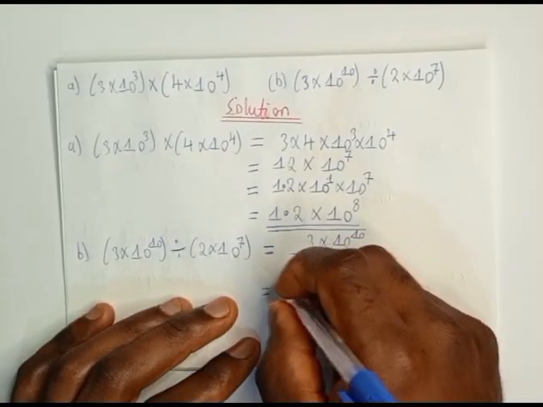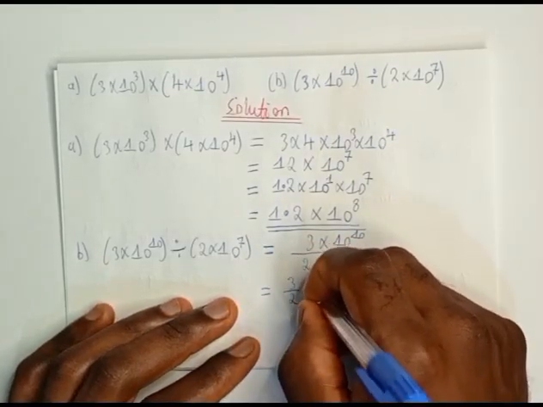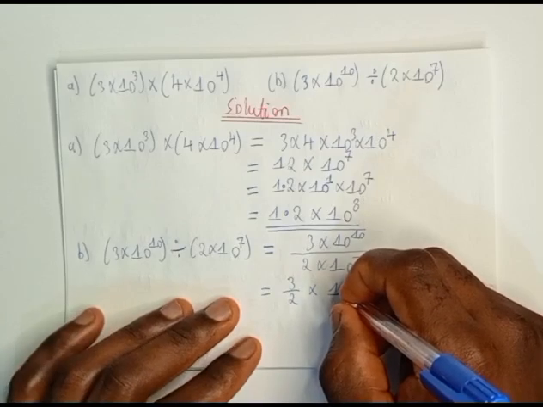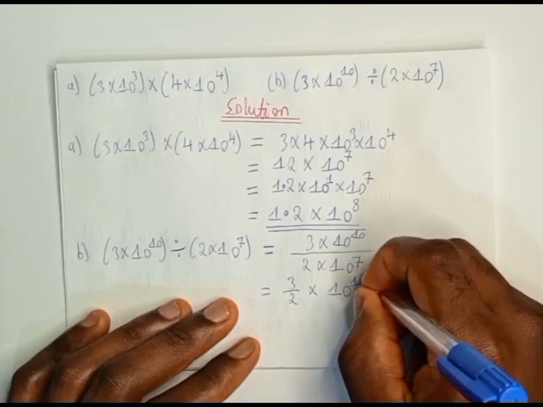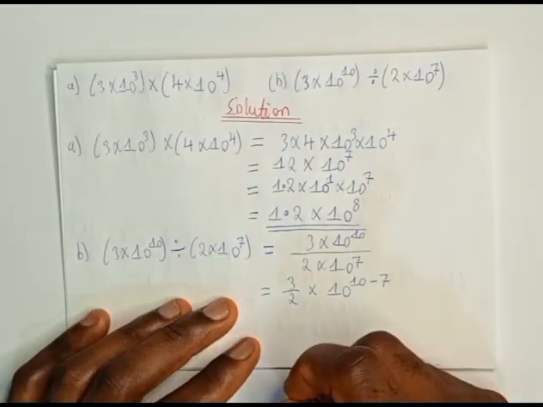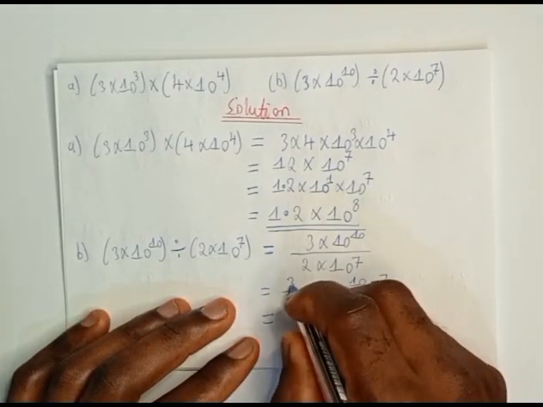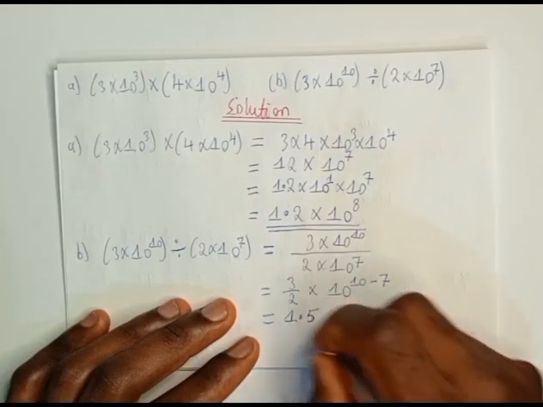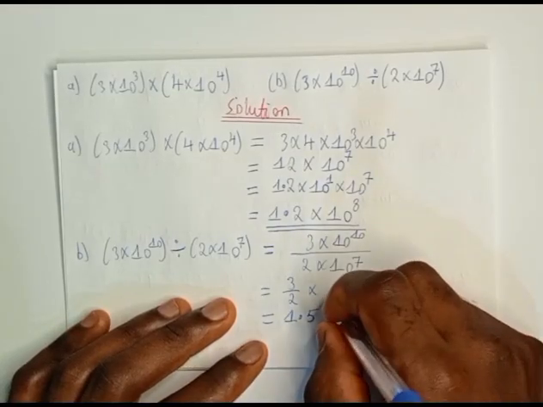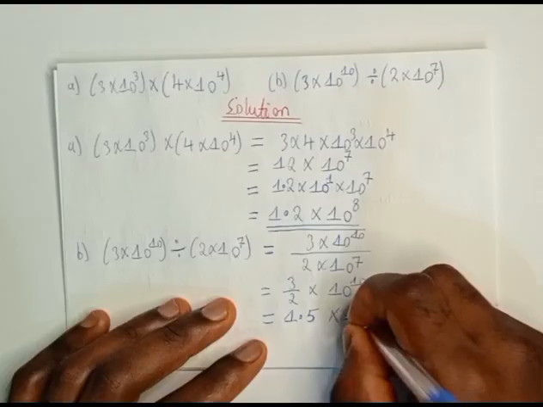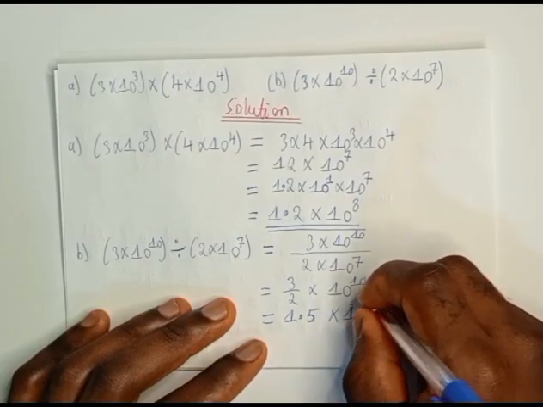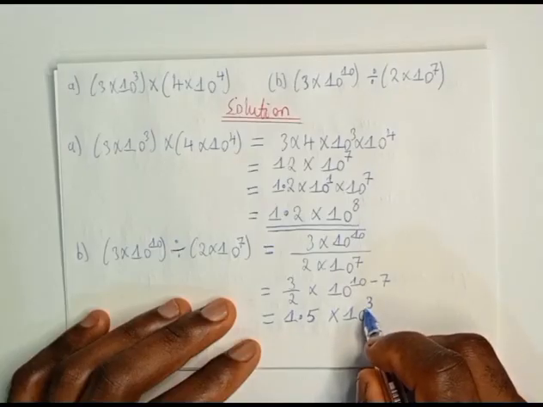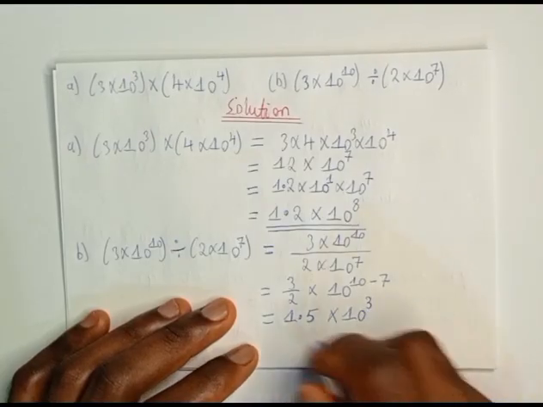This is equal to 3 divided by 2 times 10 raised to the power 10 minus 7. 3 divided by 2 gives us 1.5, which lies between 1 and 10, times 10 raised to the power 10 minus 7, which gives 3. 1.5 times 10 to the power 3 is in standard form.